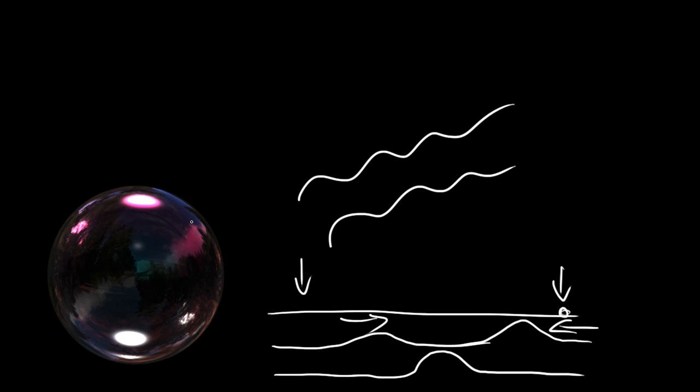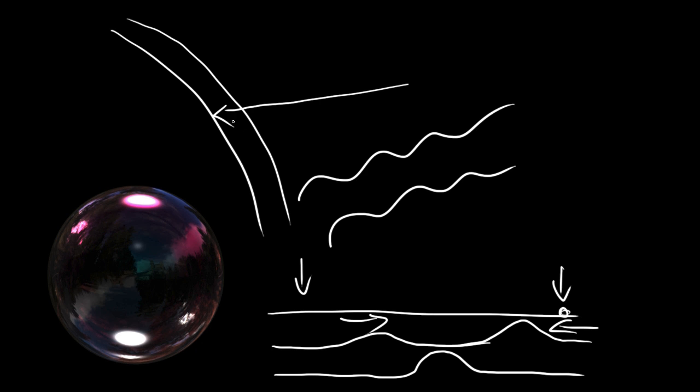So here in the bubble, this is a very thin membrane of water, and when the light enters this membrane, it reflects off the inner surface, and when it is coming outwards, the incident ray and the ray which is coming out start interfering with each other and start changing their colors.